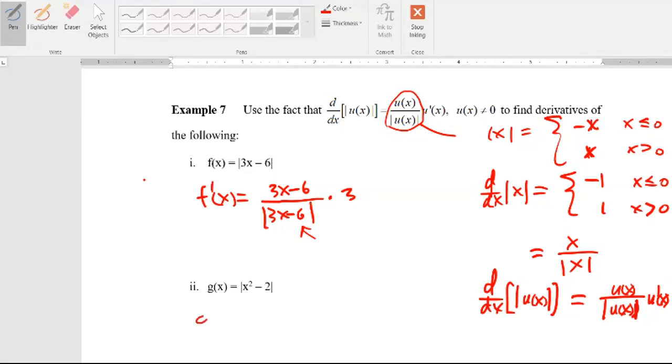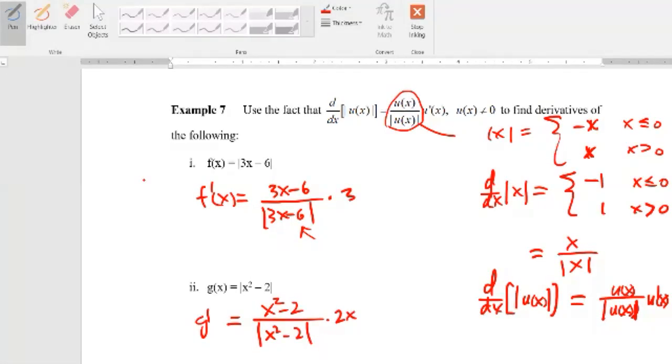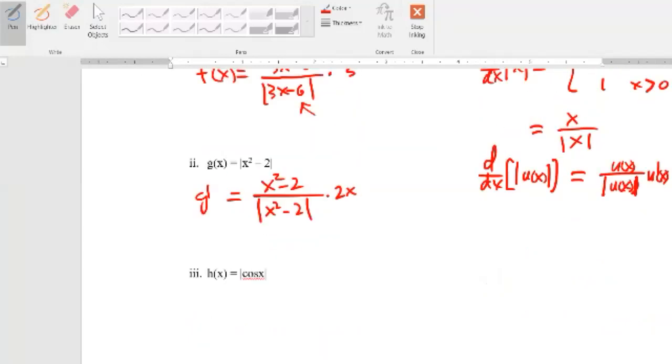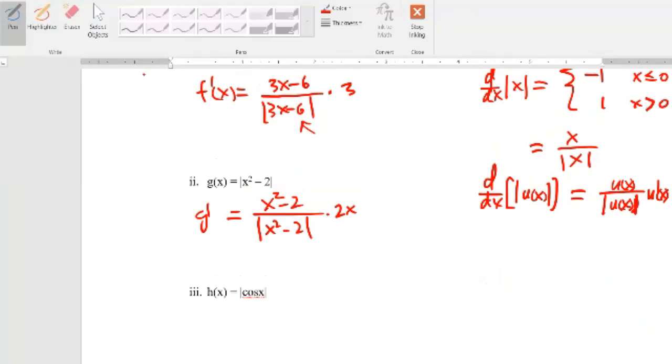We'll have g prime is going to be x squared minus 2 over the absolute value of x squared minus 2 times 2x. And so it's a nice closed form that you don't have to worry about using the piecewise defined function. You don't have to use that if you write it this way.